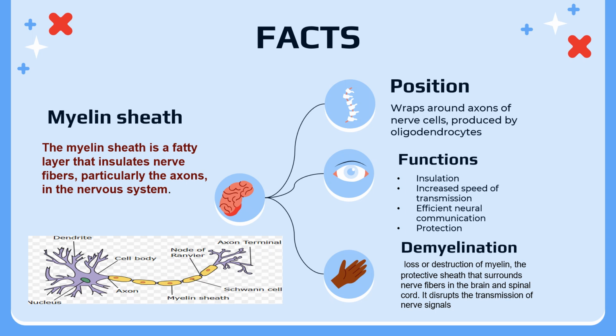So what happens? This whole function comes down. Insulation, speed of transmission comes down, neural communication comes down, protection comes down. And in the process, this disturbs the transmission of nerve signals.